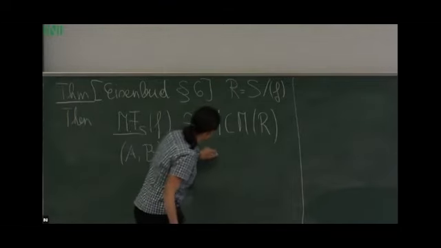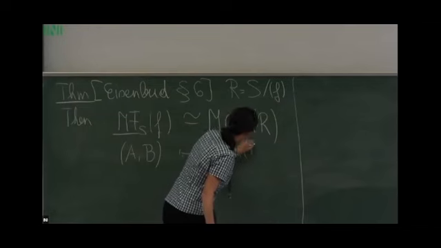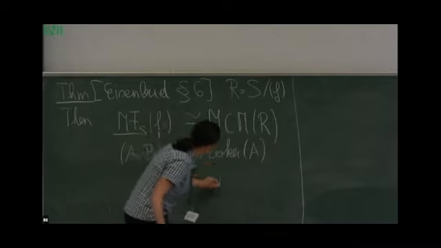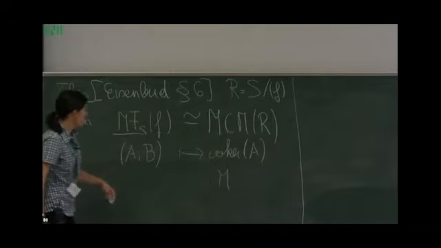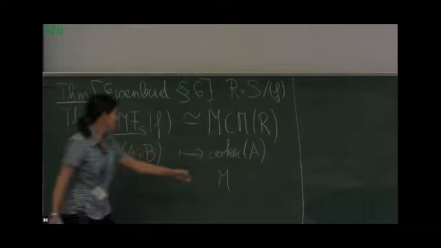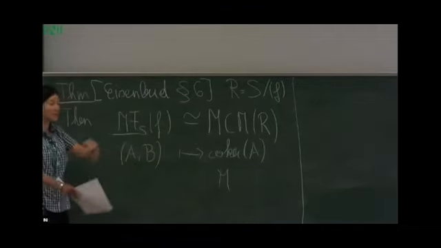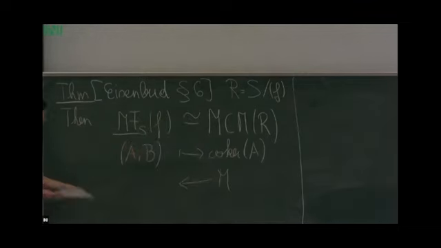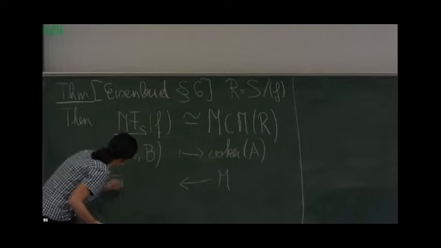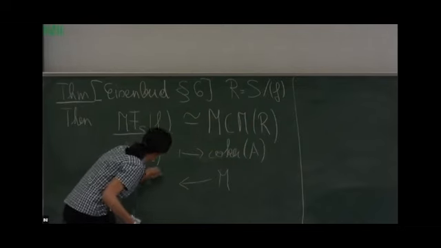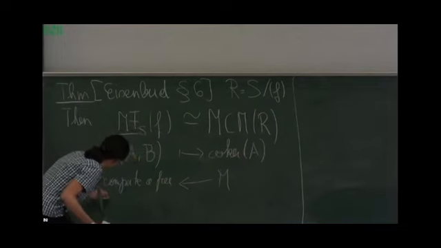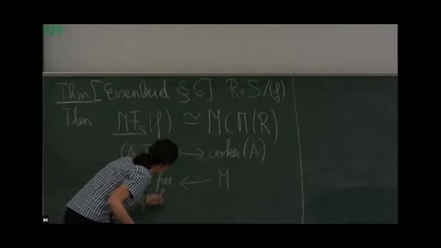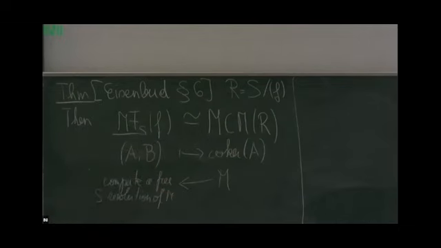We just send this to the cokernel of A. And the other way around, if we have a maximal Cohen-Macaulay module, it has projective dimension 1 over S, and then we construct the maps A and B. We get this from computing a free S resolution of M, and then we get the matrices A and B.